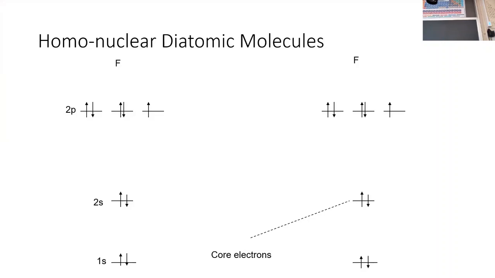Okay, so this is our first example. We're going to look at a homonuclear diatomic. So homonuclear means the nucleus is the same, which means it's the same element. Okay, so I have fluorine and fluorine. That's listed at the top. Now I've shown on this one the core electrons because if we were doing the atomic diagram, we would have those core, but we don't use the core electrons in bonding.